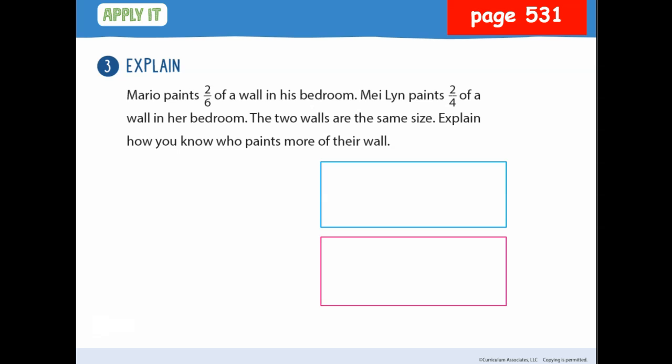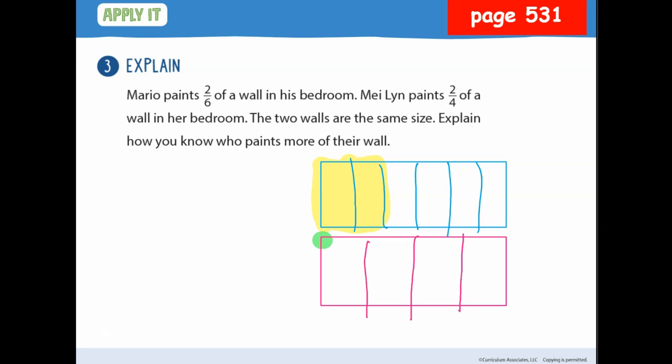2/6 is the first one, right? So I divide that into 6 first. 4ths is the next one. So I'm going to divide that into 4ths. And then highlight all the stuff. You could use a highlighter. Makes it easier. So 2/6 is this. I highlight 2 sections.